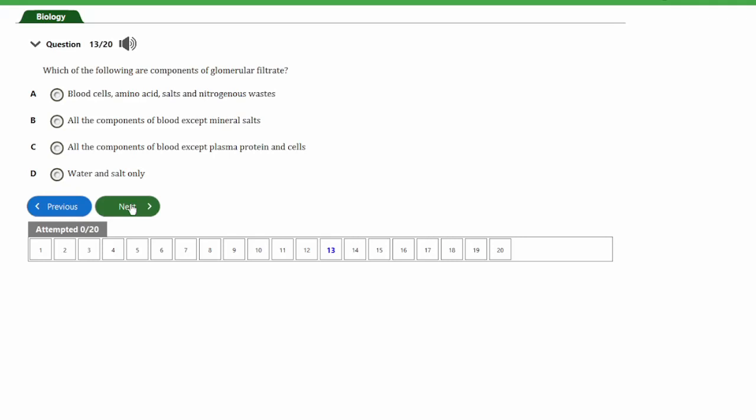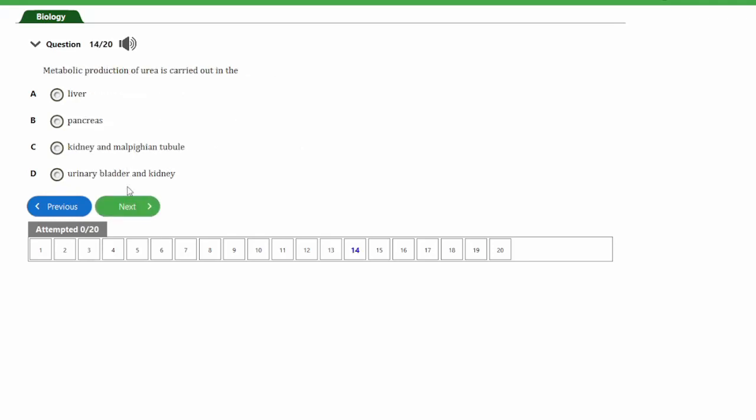So guys, the answer to this question is option C. The filtrate comprises the components of the blood except the plasma proteins and cells, which are not able to pass through the glomerulus. So every other thing will be filtered off from the glomerulus aside from the plasma proteins and the blood cells. So guys, the correct answer to this question is option C.